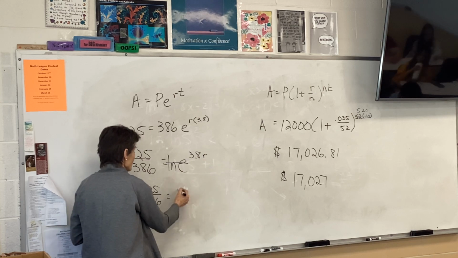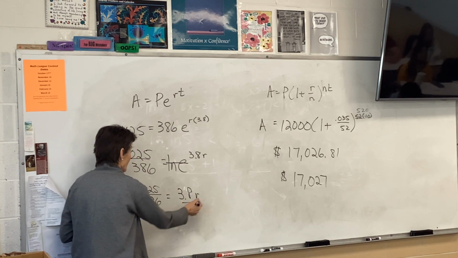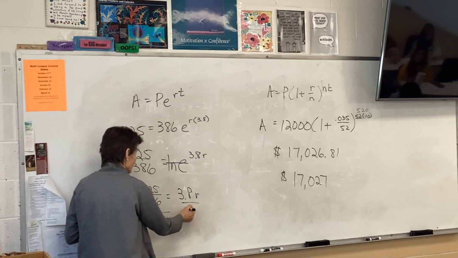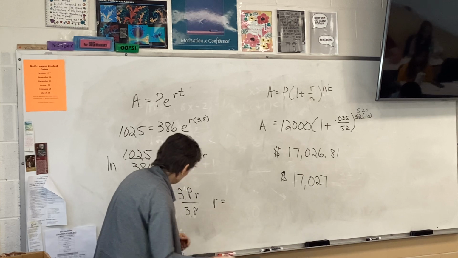And of course over here is just going to be 3.8r. So we're just going to divide both sides by 3.8. And type it in.